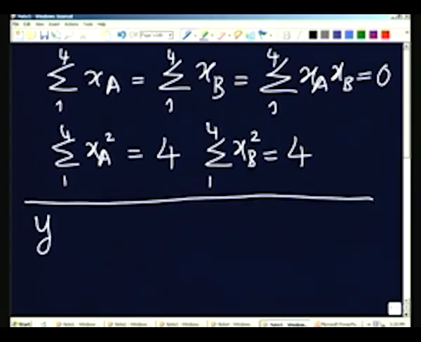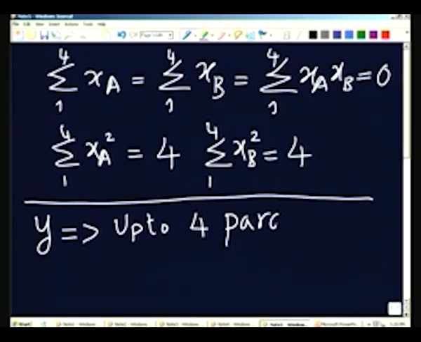relationship between y and xa and xb and maybe the product xa xb. This can have up to 4 parameters. Why is it so?